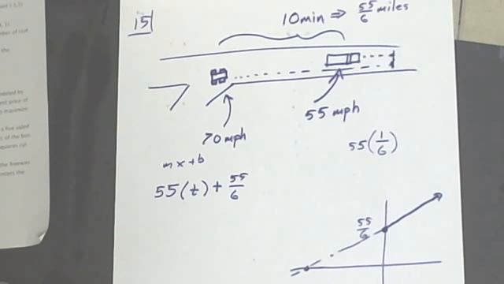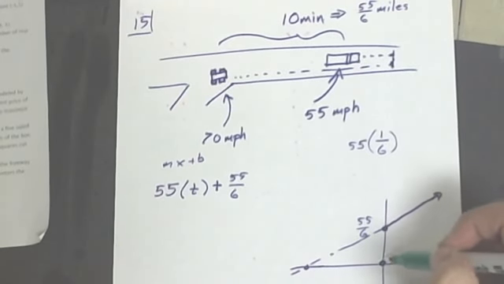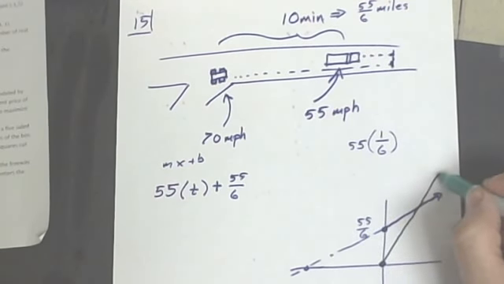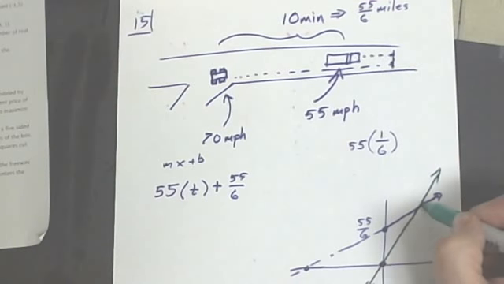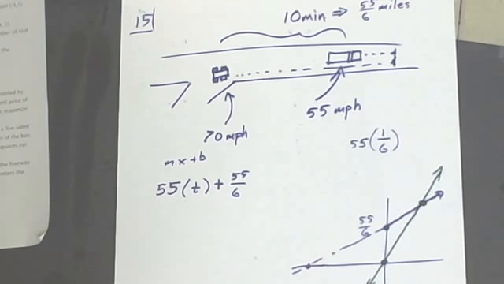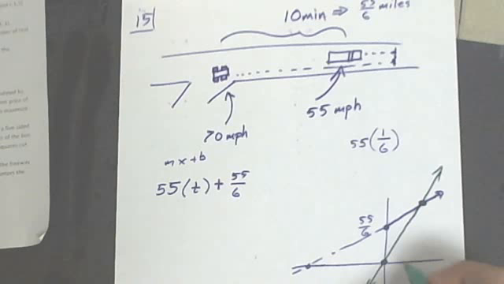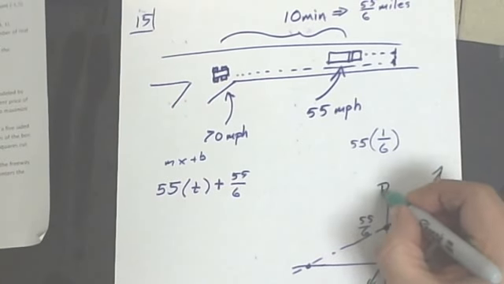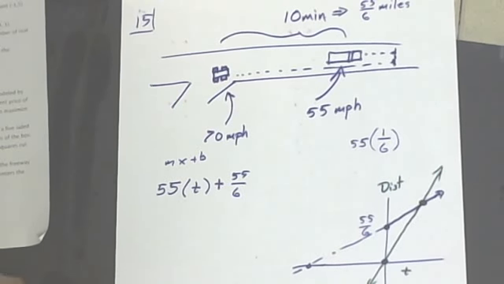Now the car starts at the on-ramp, but it's going a lot faster. So what we're trying to find is what this intersection point is. And of course, just in case you're curious, this is time, and this is distance from the on-ramp.